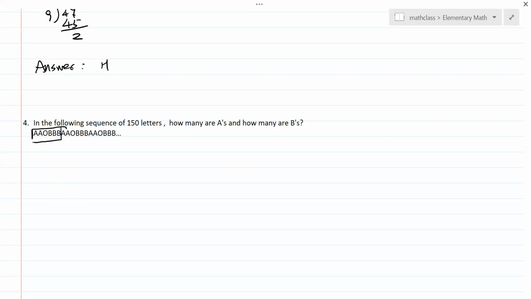One block contains 2 letter A's and 3 letter B's. So what you have to do is find out the total number of blocks. Maybe there's another partial block that should also be considered. How many complete blocks and how many partial blocks are in the sequence of the first 150 letters?